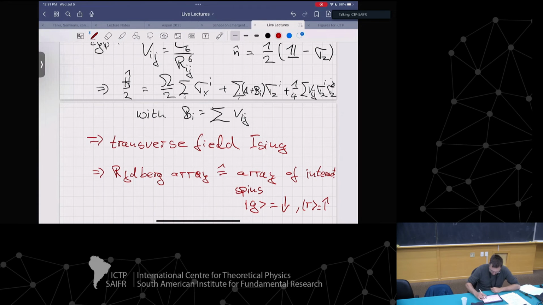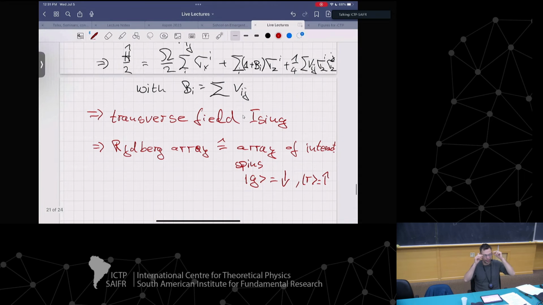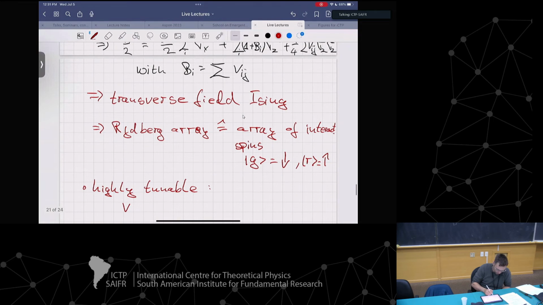The cool thing is really, now I have these interacting spins, and this model is highly tunable. So we can look at the Hamiltonian, look at all these terms, and basically we can control them all. So Vij, we control Vij by choosing initially which Rydberg state we work with.